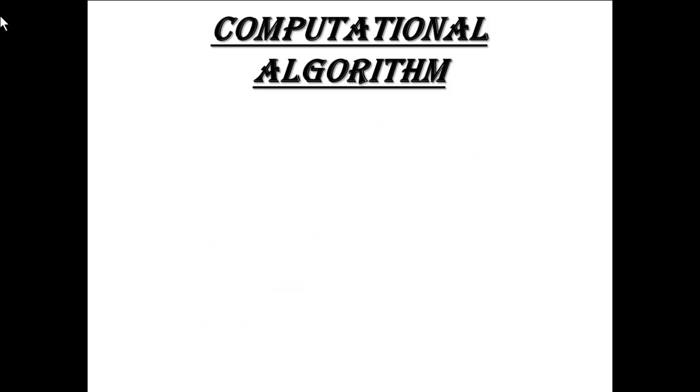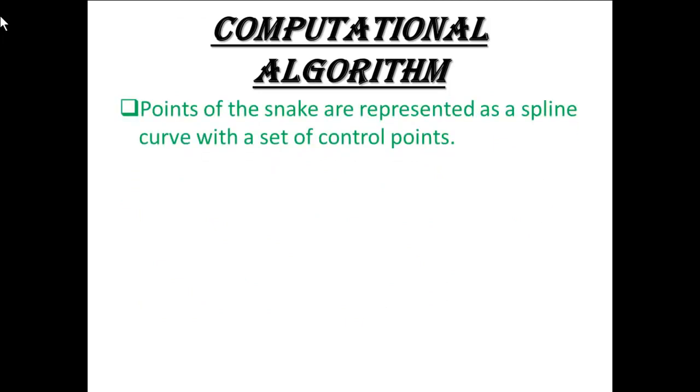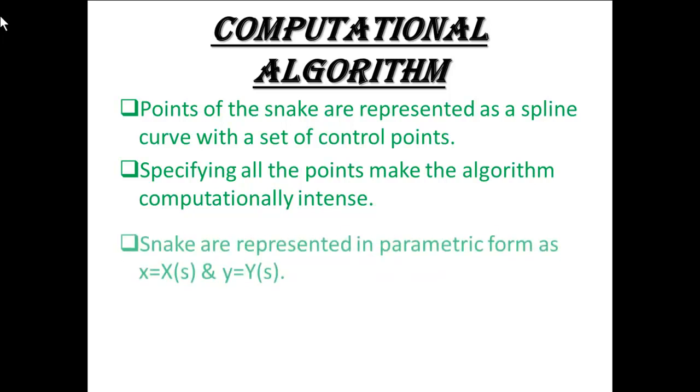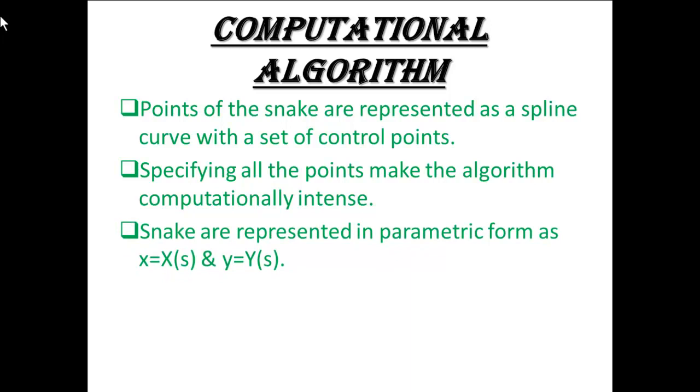Now, the computational algorithm. Points of the snake are represented as a spline curve with a set of control points. Specifying all the points makes the algorithm computationally intense. Snakes are represented in parametric form as x equals function x of s and y equals y of s.